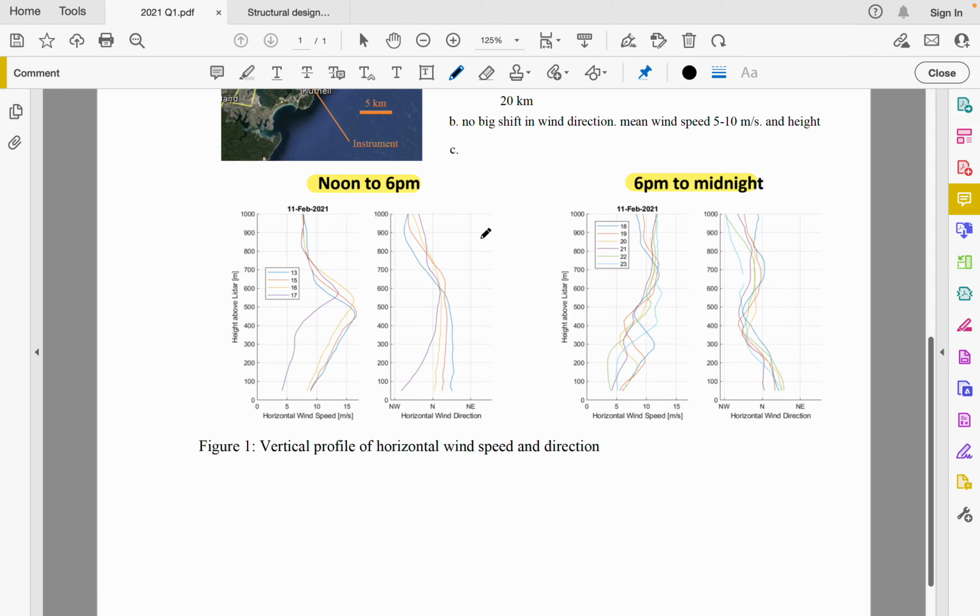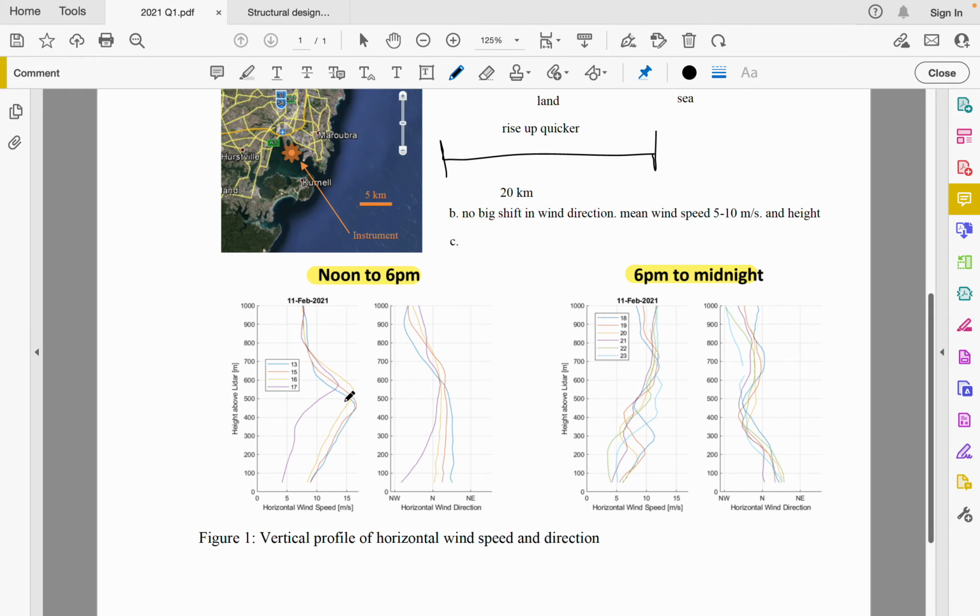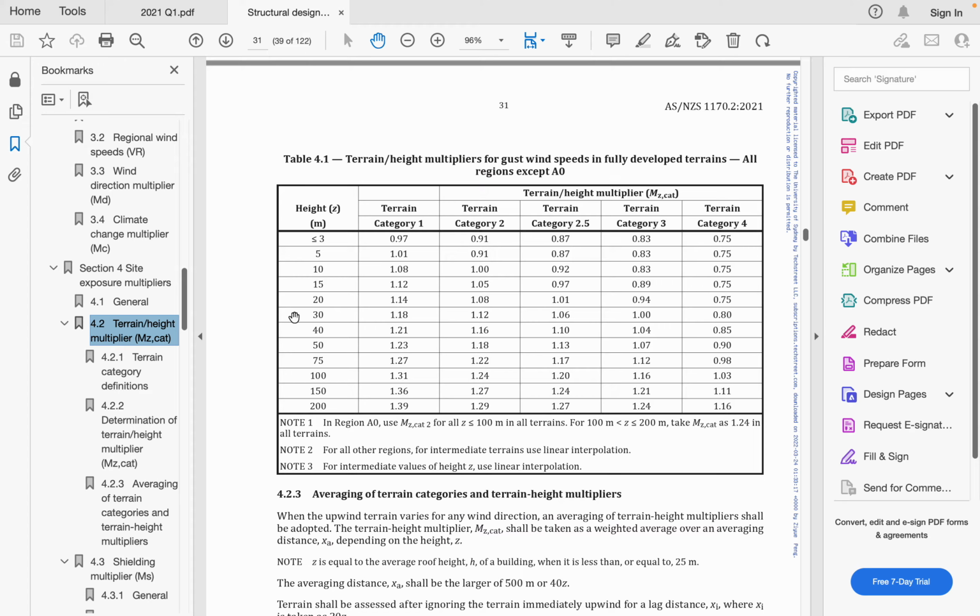So first we follow the instructions. What's the general trend in wind speed with height? So we can pick up this section over there. And we can compare the gradient of this with section 4.2, table 4.1, the terrain height multiplier Mz,cat.